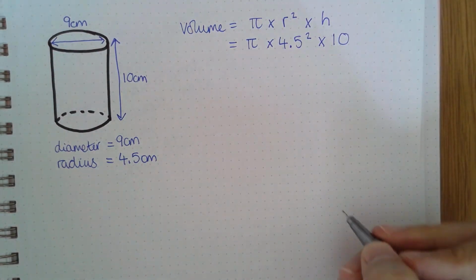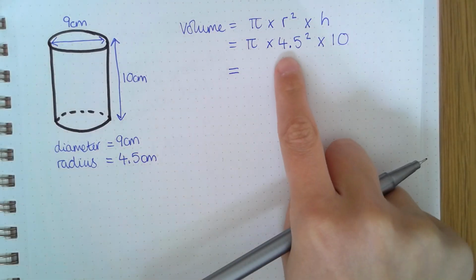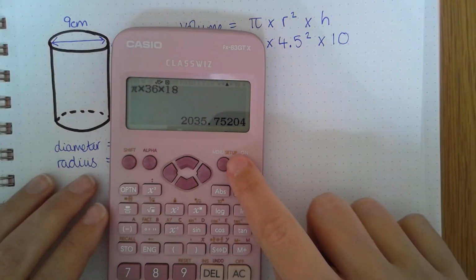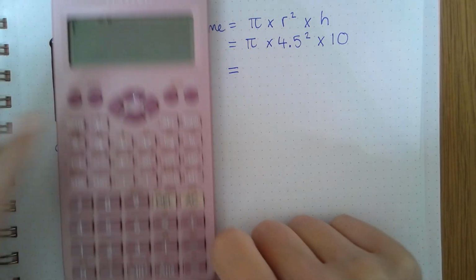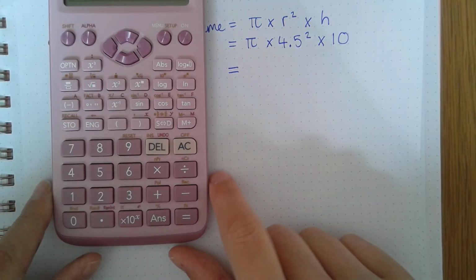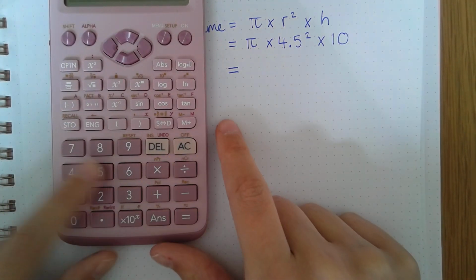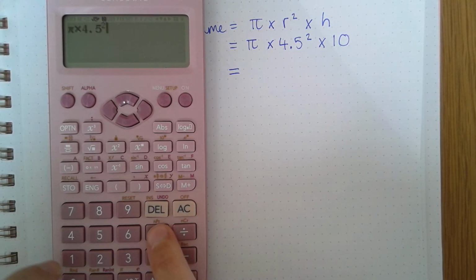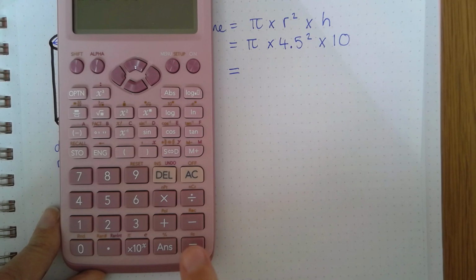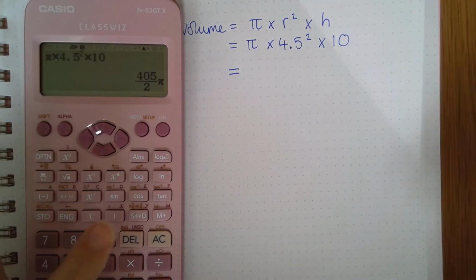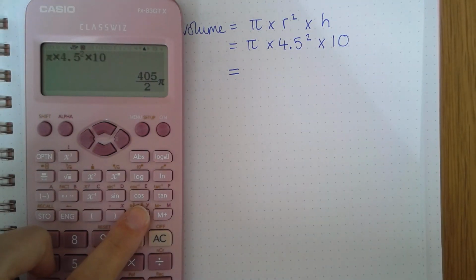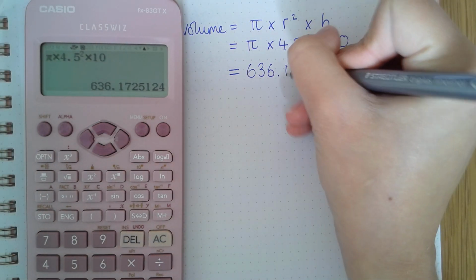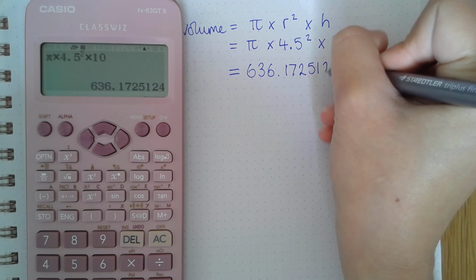Just check that the units are the same, and they are, so it's okay. Equals, I don't know what 4.5 squared is, so I can just type it all straight in. I can do pi, so shift this button for pi, times 4.5, and then my squared button, times 10 equals, and then I've got a fraction and pi, so I want S arrow D button, 636.1725124.